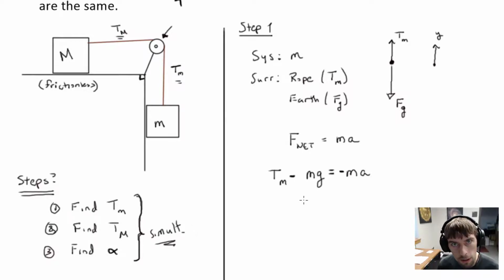So I'll put a negative sign in. I'm explicitly taking into account directions when I move from here to here. So I've got an expression: the tension in that rope is equal to little m times g minus a.